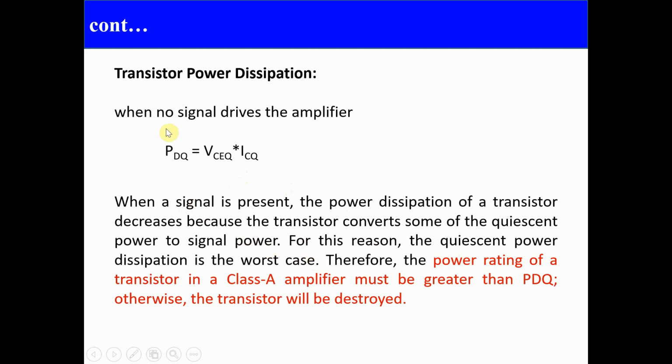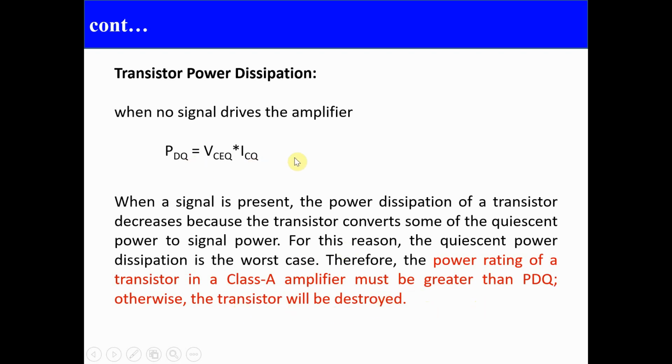In the absence of an input signal, the power dissipated by the transistor is the worst case power dissipation, and hence the power rating of a transistor used in a class A amplifier must be greater than PDQ. Suppose PDQ is equal to 5 watt, meaning the power dissipated by the device is 5 watt. You have to select a transistor for the class A amplifier having power dissipation capacity greater than 5 watt. Otherwise the transistor will be destroyed.